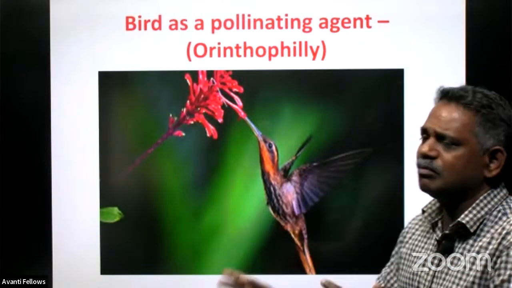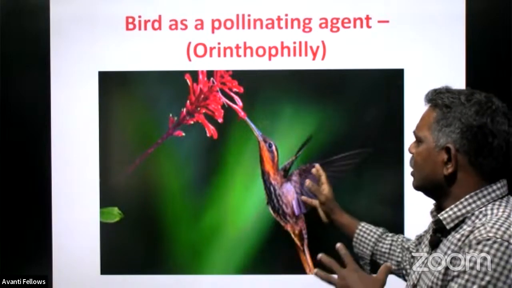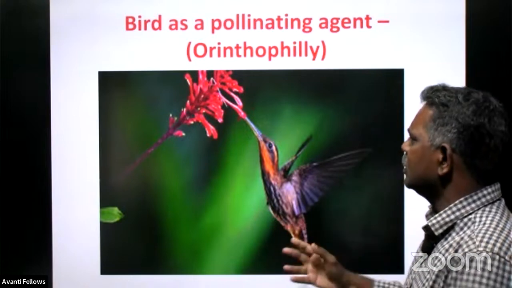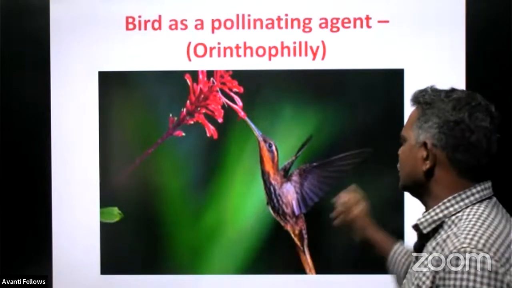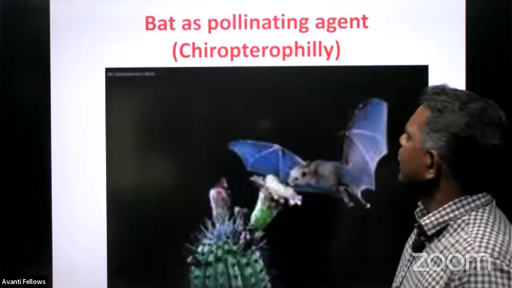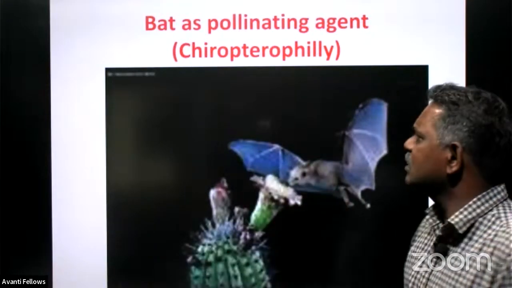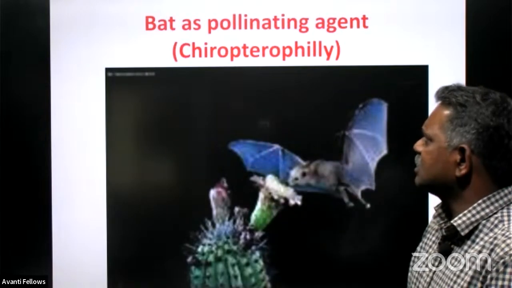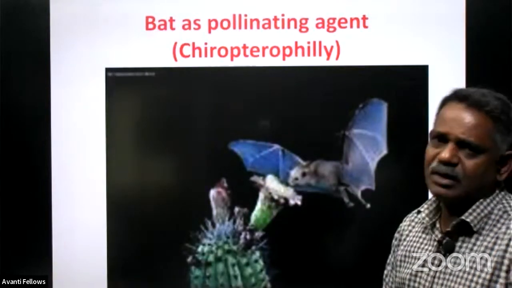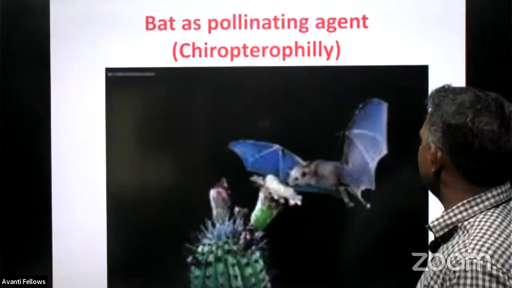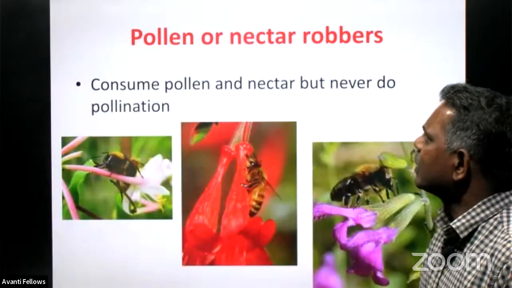Ornithology is the study of birds. Ornithophily is pollination where birds are used as the pollinating agent. Then bats can also pollinate some flowers, and that is termed chiropterophily. Chiropterophily is pollination using the agent called bats.